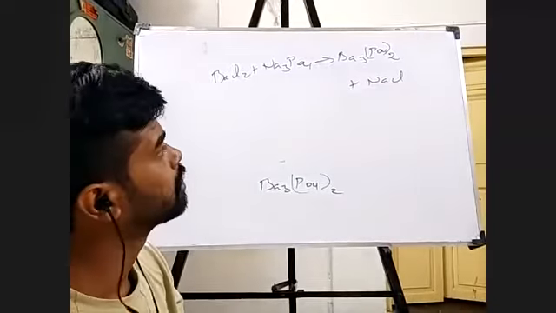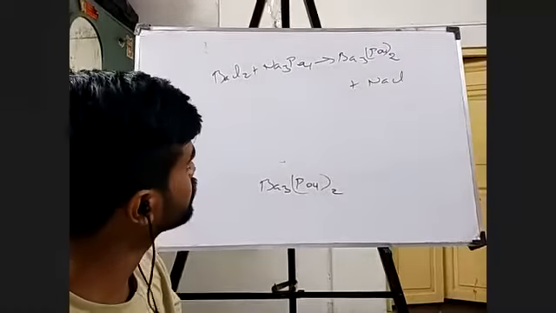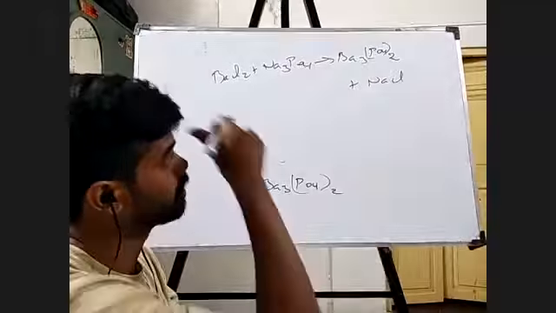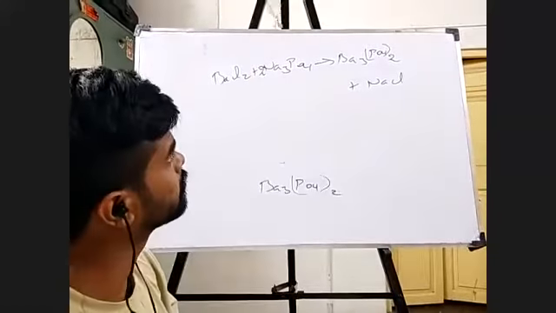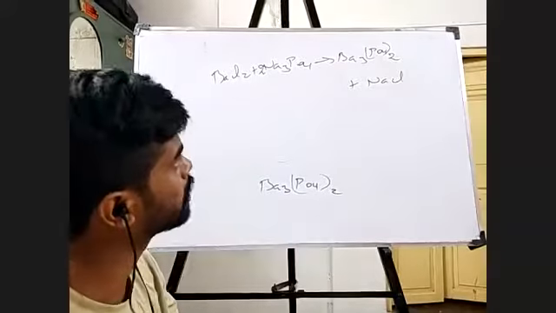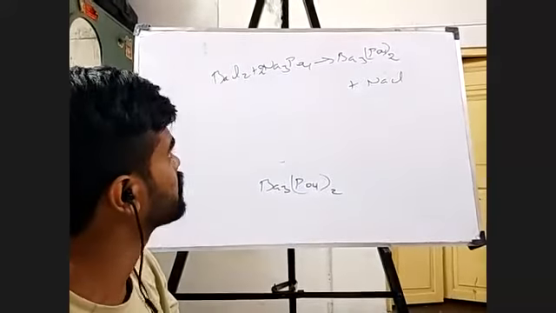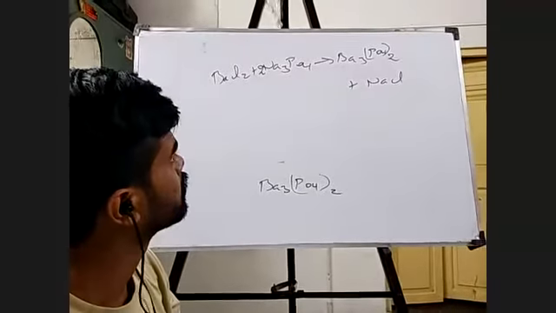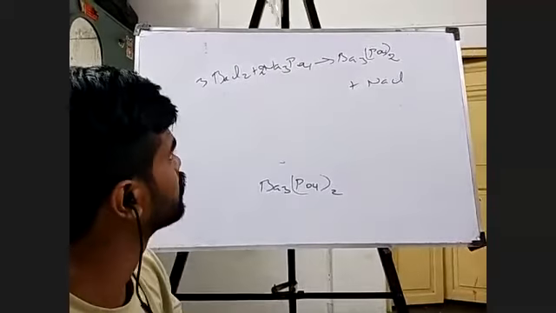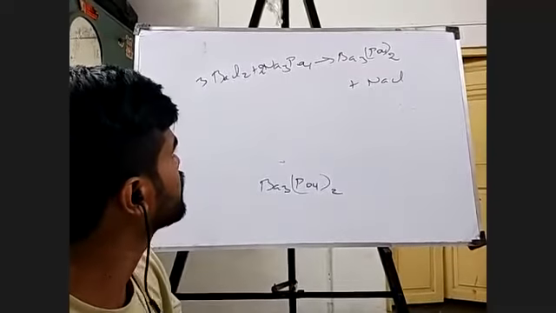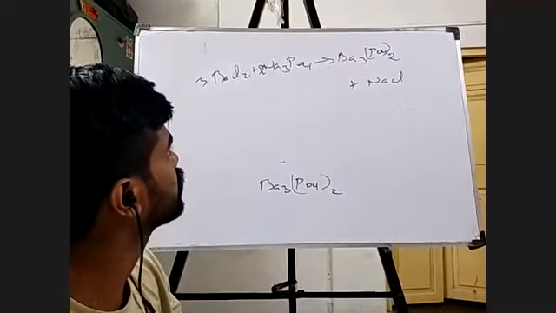Correct? So I have to put a 2 here, and a 3 here. Is it balanced? No, it's not balanced. So 3 bariums, how many chlorines? 6 chlorines.